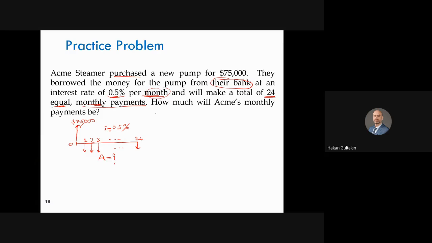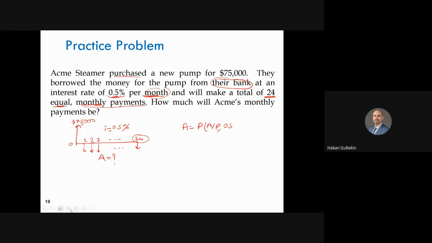Okay? And you cannot do this, for example: 24 months means 2 years. So you cannot say that I'm going to use this factor. I want to find, let's say, A. So I will multiply this P, present value, with A given P, and then the interest rate is 0.5%.